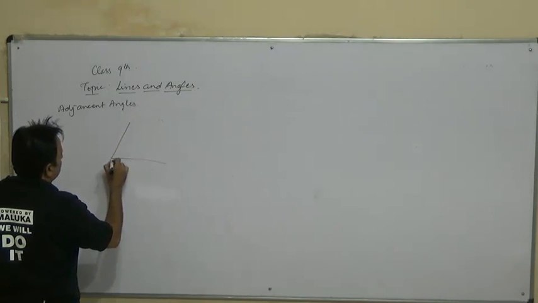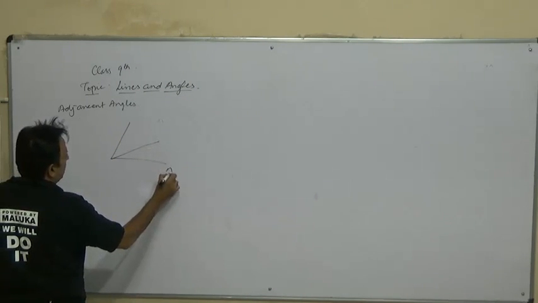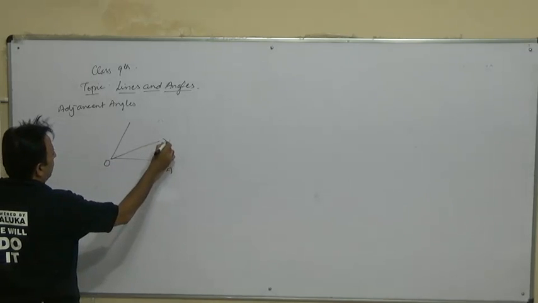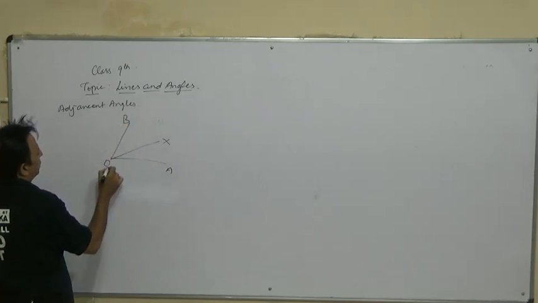So for example, these are two adjacent angles, AOX and this is BOX.